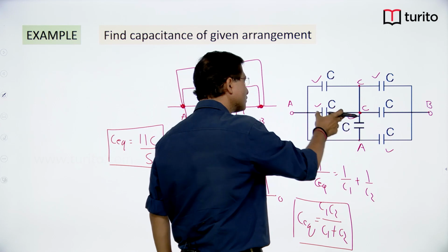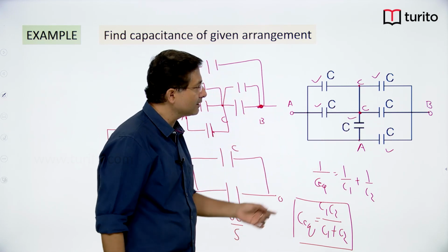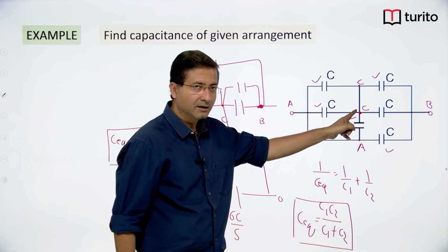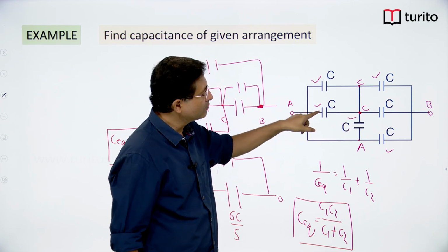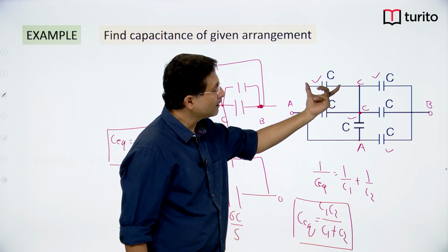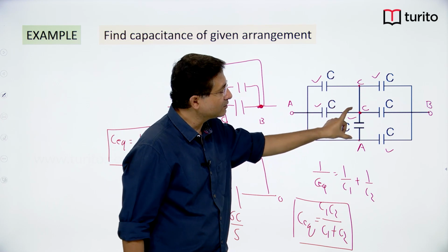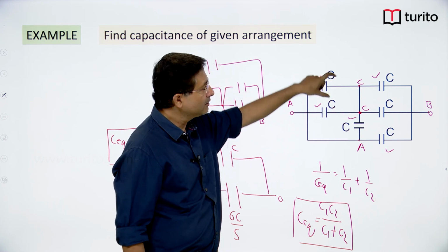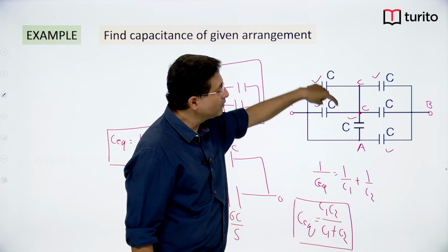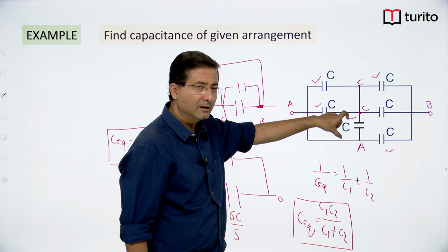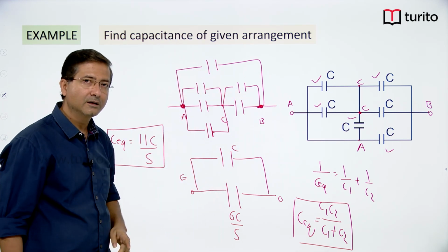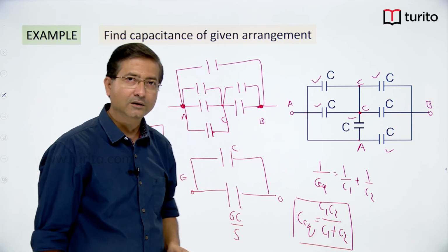If you look at the circuit, this one is connected across AC and this one is connected across AC, so these two are in parallel combination. Similarly, look at this one and the upper one, that is also connected between AC, so they are connected in parallel. Sometimes we are unable to visualize directly, but once we simplify, it is easy to predict what are in series combination and what are in parallel combination.